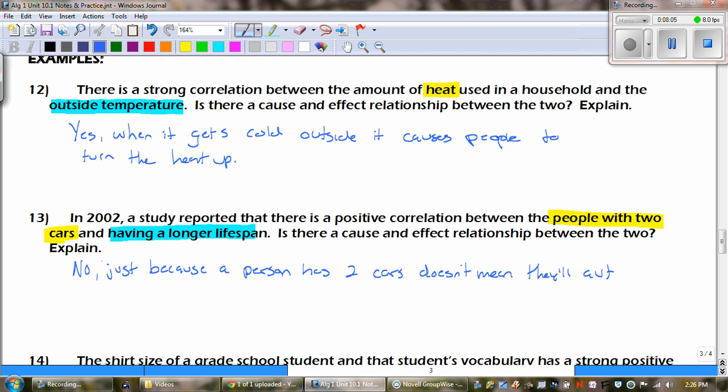Automatically, that's the key word. So it doesn't mean that you're automatically going to live longer than someone with more or fewer cars.